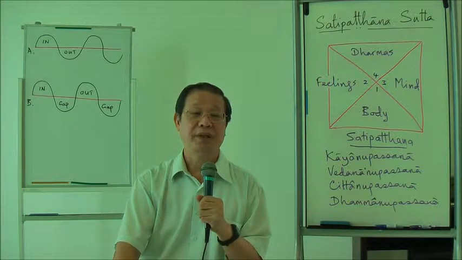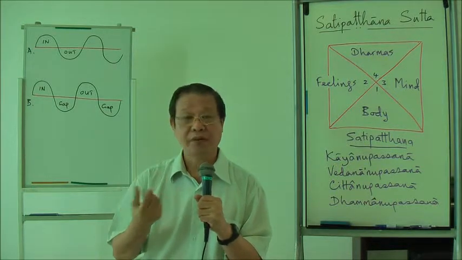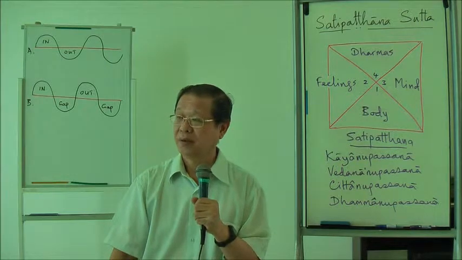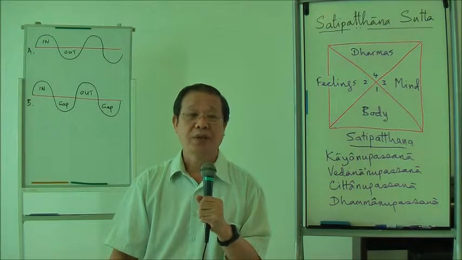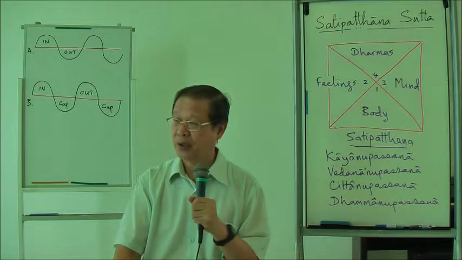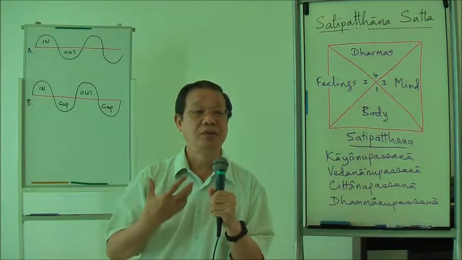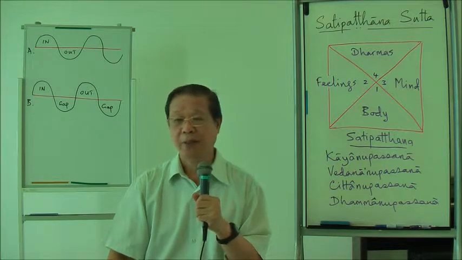A seven-year-old boy sitting under the jambu tree, he meditated on the breath and attained first jhana. A young boy of seven could attain first jhana.